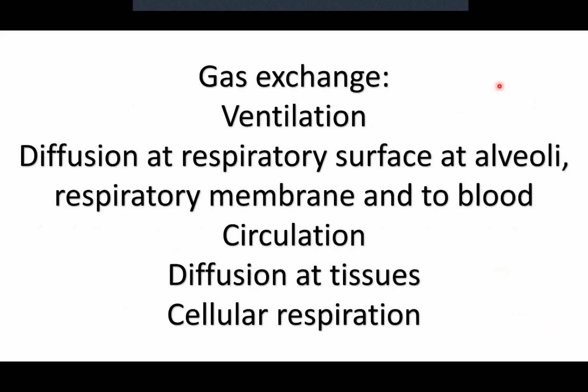The steps for gas exchange include ventilation, where you take in the air from the environment into the body via the mouth or the nose and through to the trachea. Then you have diffusion at the respiratory surface at the alveoli. And I think we will talk about more what the alveoli are. And I actually just remembered I didn't put a picture in here, but luckily for you, there's many pictures out there.